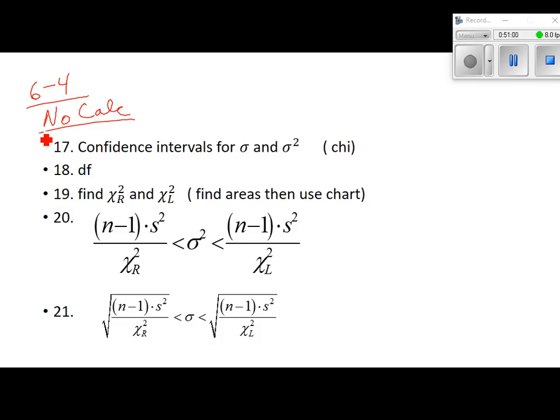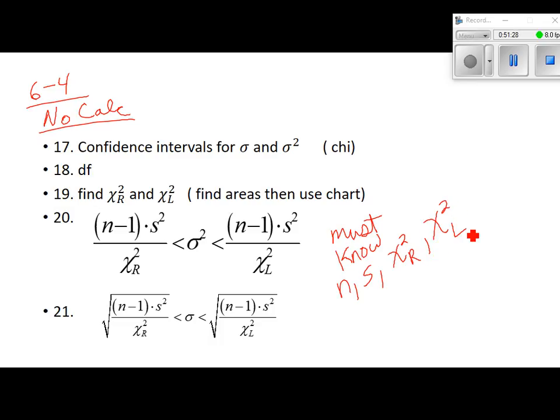This is the formula that's key on this one. What three things do we need to know on this formula? We must know N, S, and the chi-squared right and the chi-squared left, right? Correct? You've got to know those things.